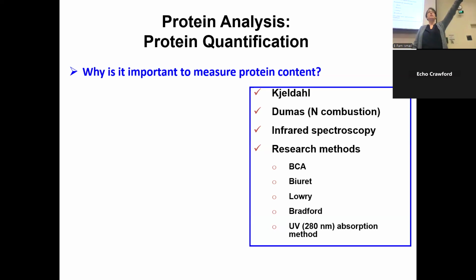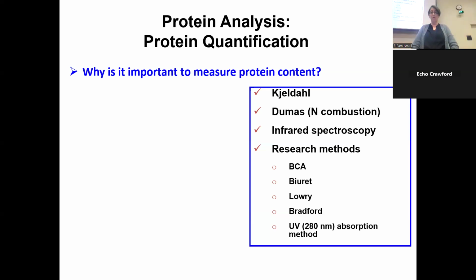When you're calculating emulsification capacity, you really need to know your protein content to calculate grams of oil emulsified per gram of protein. So to determine functionality, we need the protein content. That's why in our lab, we always measure protein content, then we do the functionality, because we assess based on the protein content.